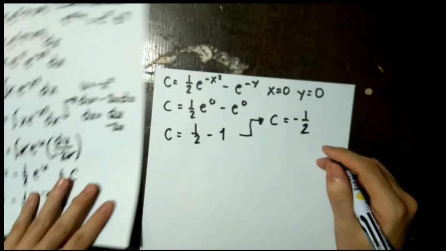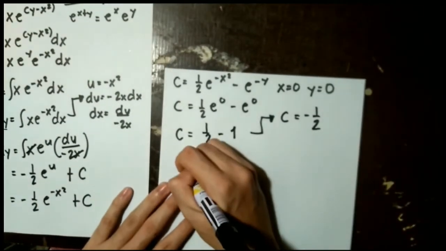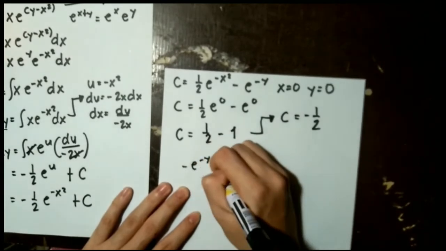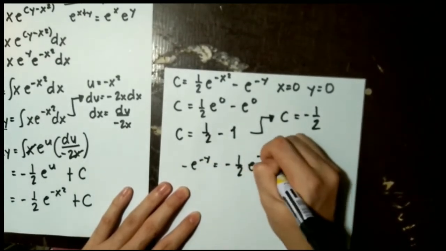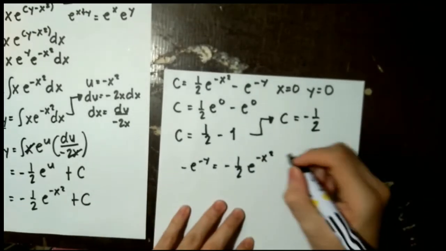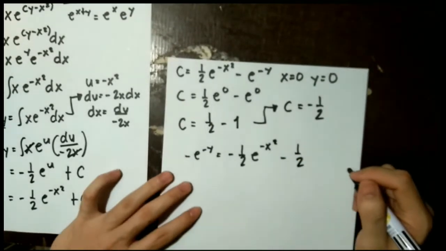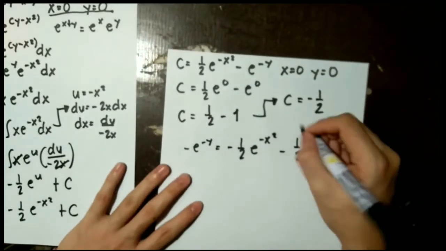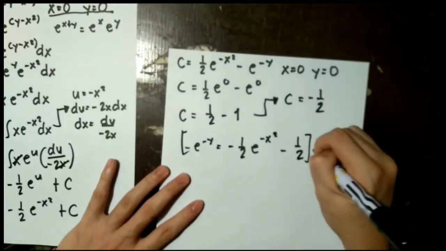Then, substitute na natin siya dun sa general solution natin. So, magiging sagot natin is negative e raised to negative y is equal to negative 1 half e raised to negative x squared. Value ng c natin, which is yung negative 1 half, so minus 1 half. So, para mas masagot natin siya in its simplest form, i-multiply natin tong equation sa negative 2.